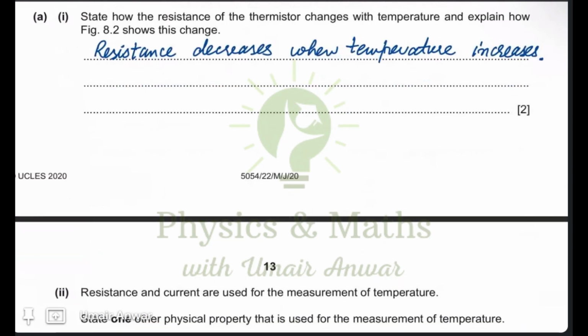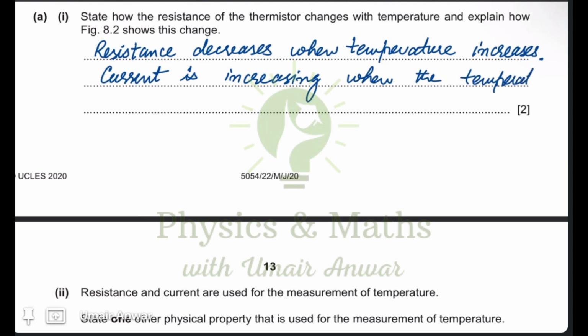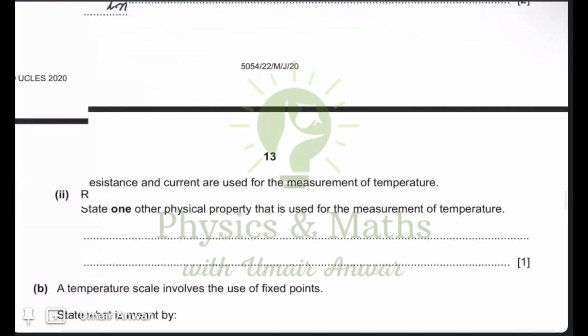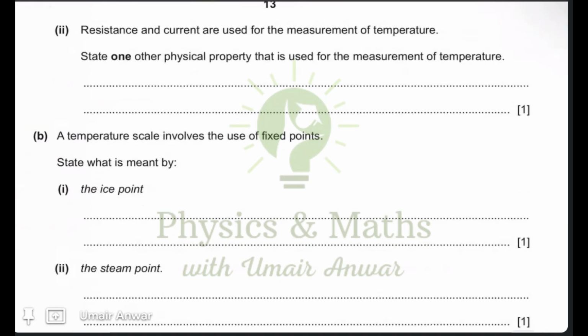It is evident that current is increasing when the temperature increases, which means that resistance is decreasing, therefore the current is increasing. Resistance and current are used for the measurement of temperature.